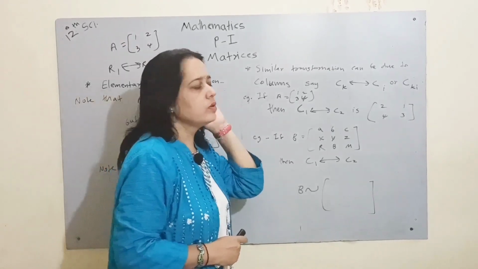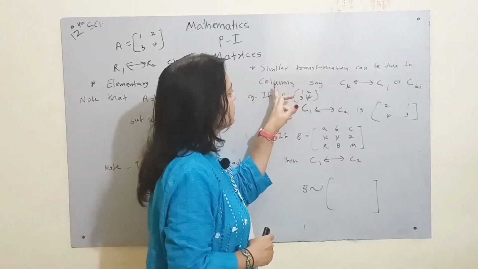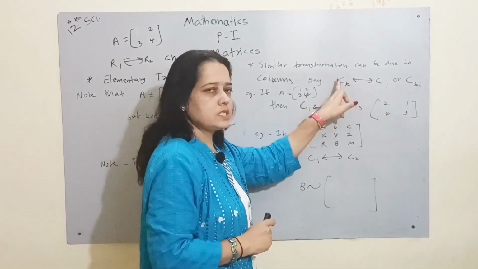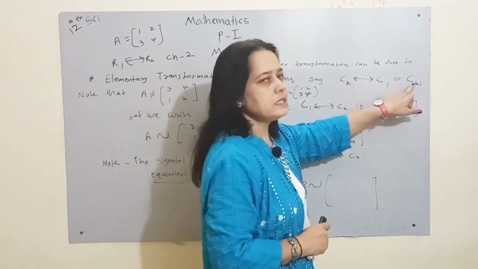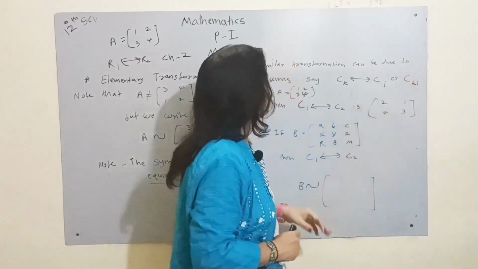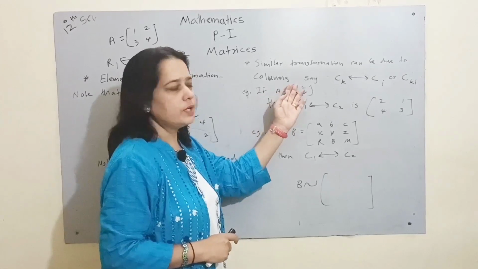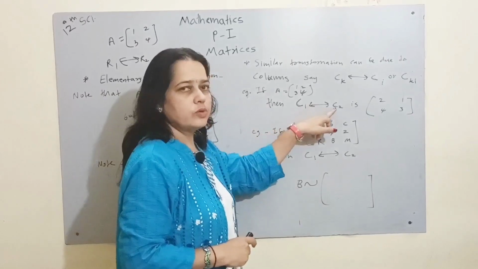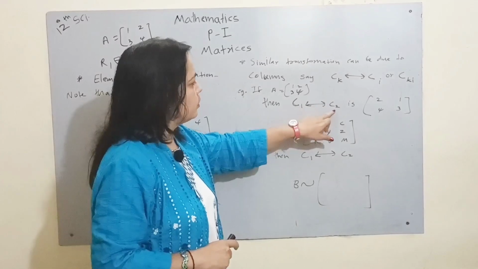Similarly we can do the next operation on columns, a similar transformation. So here C k to C i means interchange the kth column to the ith column, or it is denoted as C k i, meaning interchange the kth and ith columns. A similar example: A is equal to 1 2 3 4 and the given operation is C1 to C2, meaning we have to interchange column C1 and C2.